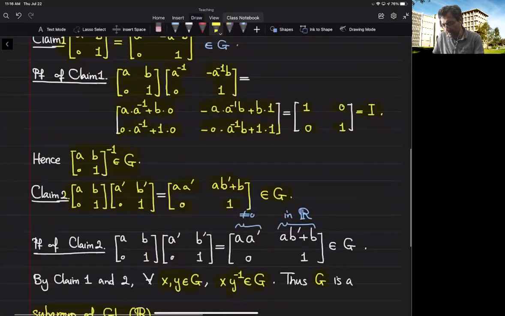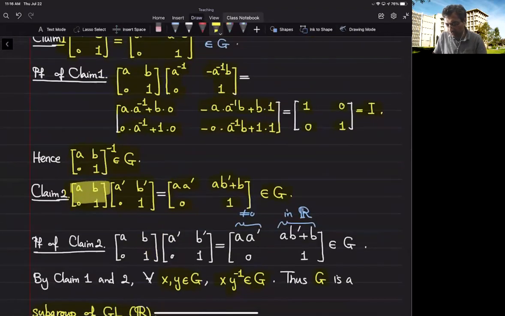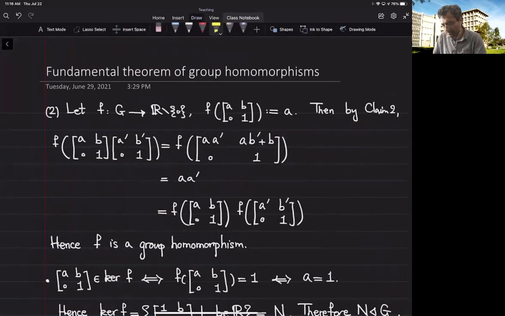What does that mean? I need to multiply two matrices inside G and ask myself, what is the new 1-1 component? As you can see, the 1-1 component gets multiplied. So we are in good business. So let's see.